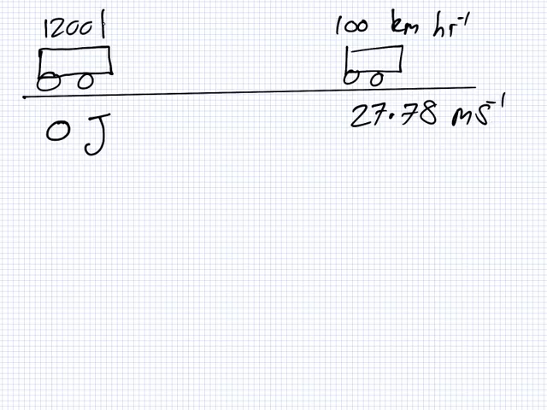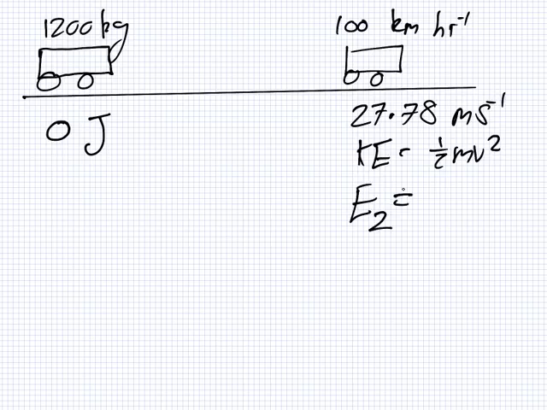What's the mass of the car? 1,200. So at the end it has kinetic energy, which equals a half mv squared. So the energy at the end equals, square this and then times 600. So it's a pretty big number, isn't it? 462,963 roughly, rounding off.